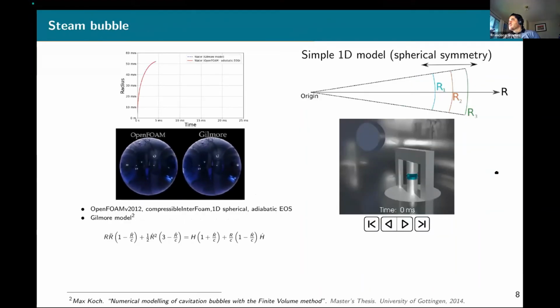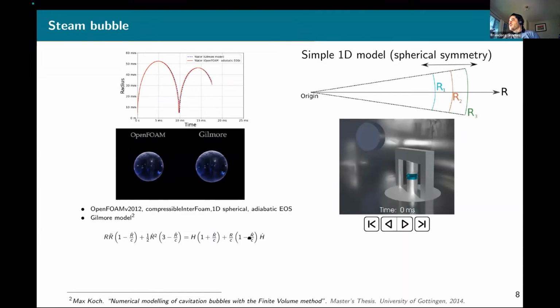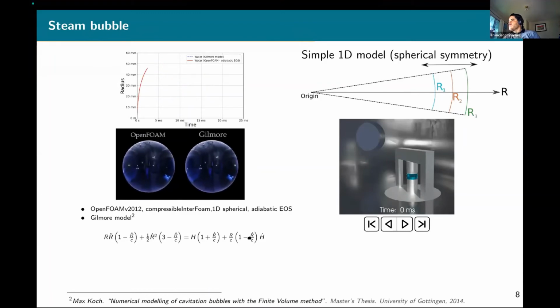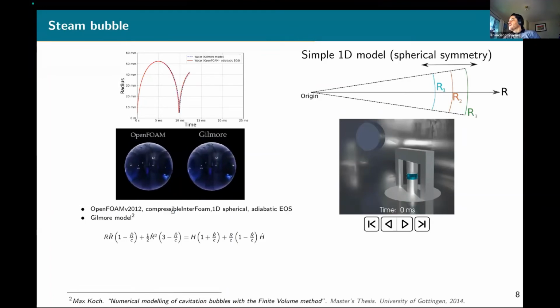Next, the steam bubble. We're also doing some work on it. Here we have it validated against the well-known Gilmore model. We use a simple one-dimensional model with spherical symmetry in OpenFOAM to compare it against the Gilmore model.